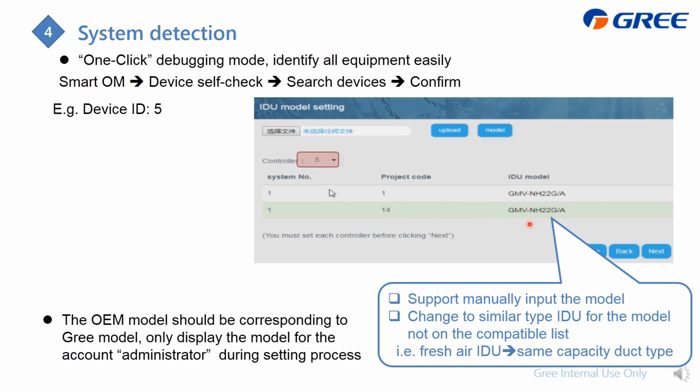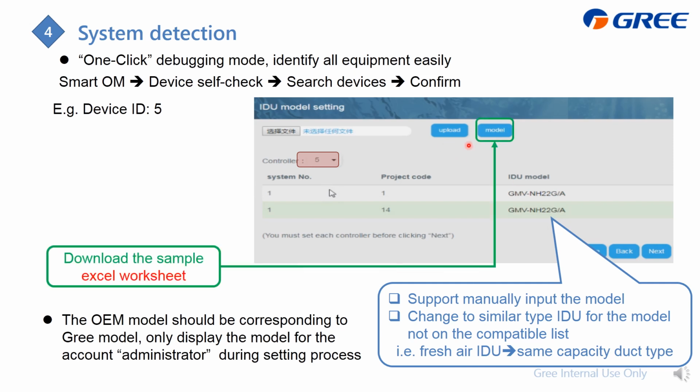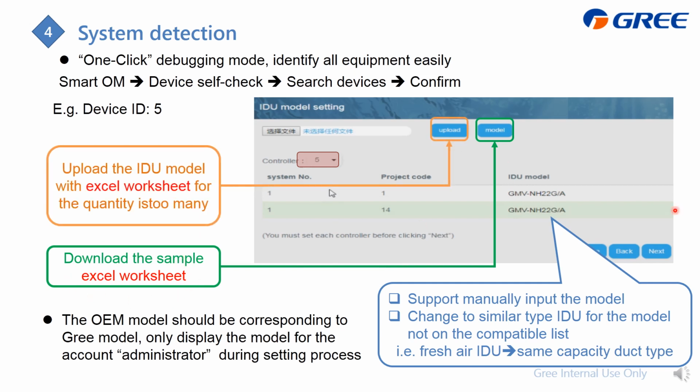Also, you can input the model manually from here, or you can first download the Excel file from here, then edit the Excel file and upload it. It's also available. For the OEM model, please ensure your model is completely the same as or corresponds to our GRI model.